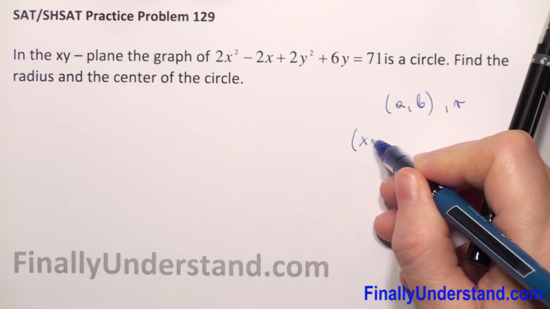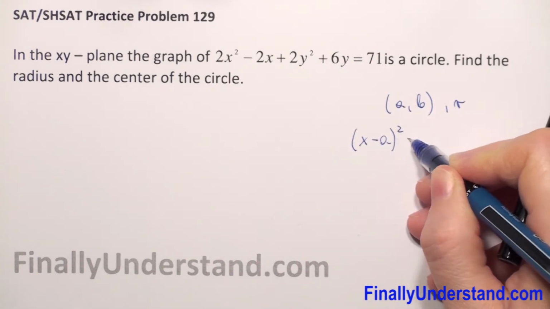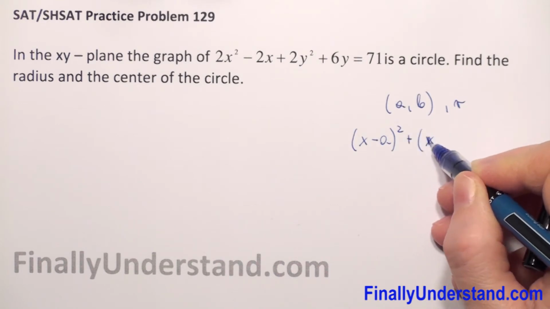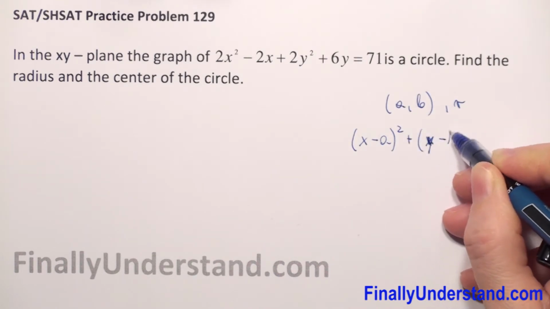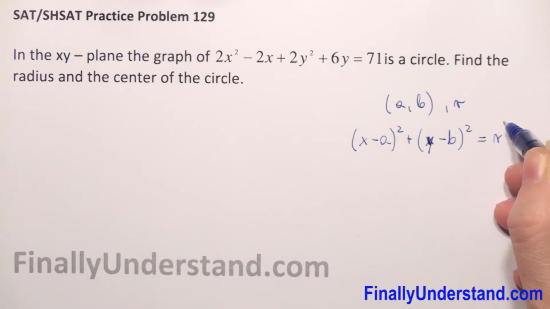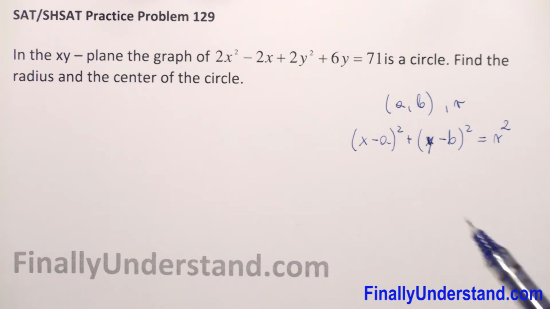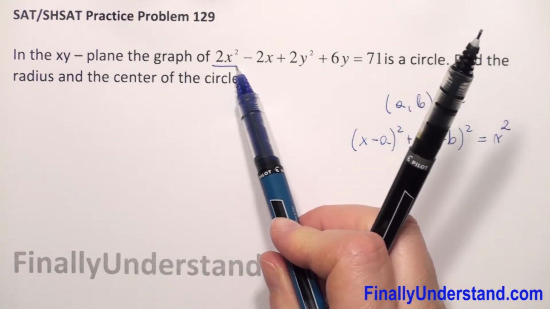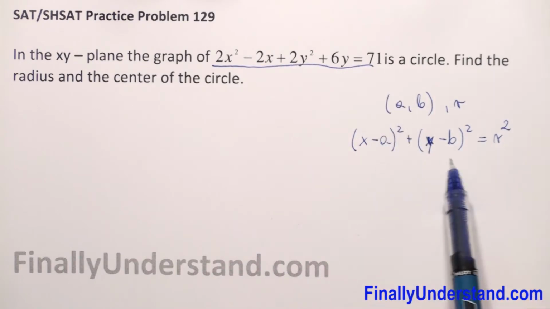This is (x minus a) to the second power plus (y minus b) to the second power, equal to r squared. So we need to change the equation of our circle to this form.